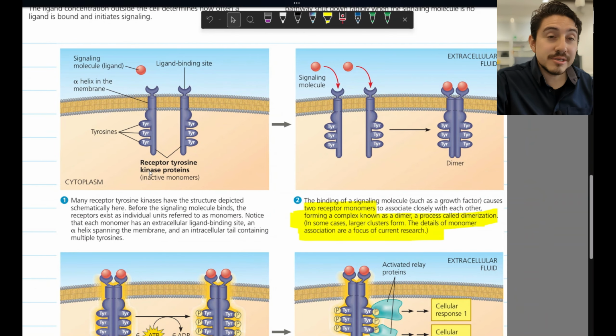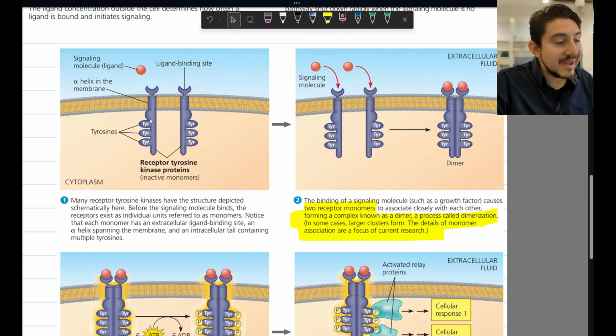So for tyrosine kinases, for RTKs, you have these protein structures. Okay. What happens in this particular case is that these receptors are going to get activated with a signaling molecule, but in order for them to activate together, you need two of them.